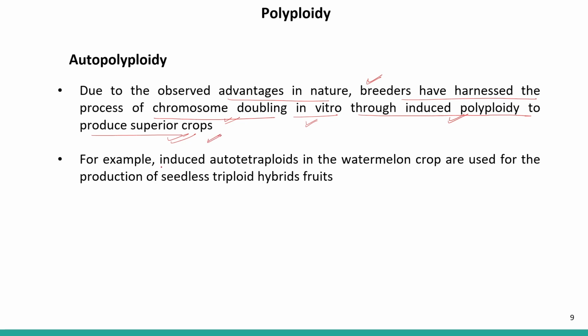For example, induced autotetraploids in the watermelon crop are used for the production of seedless triploid hybrid fruits. Watermelon, and there is also the banana crop example. These are induced autotetraploids that have been developed in vitro.